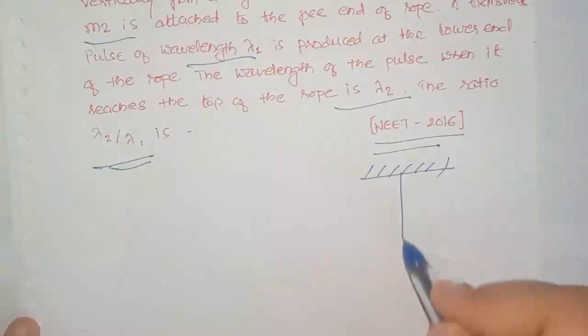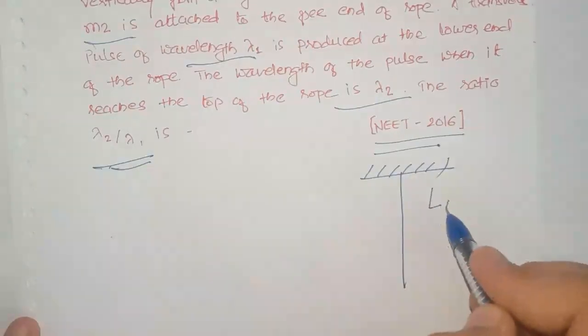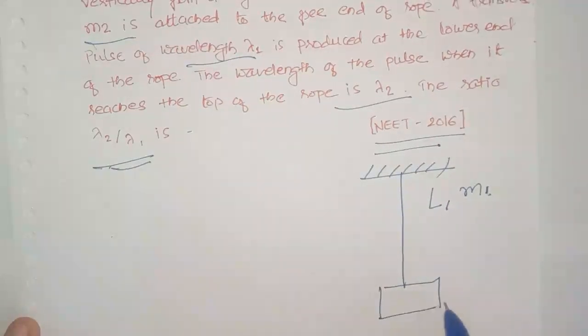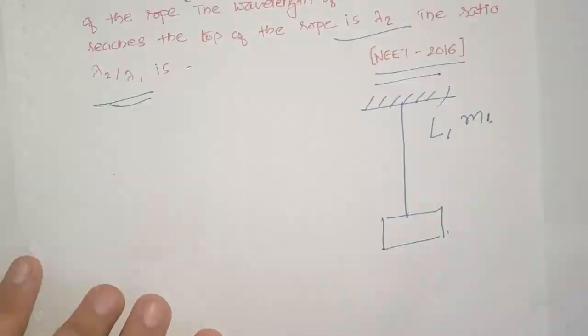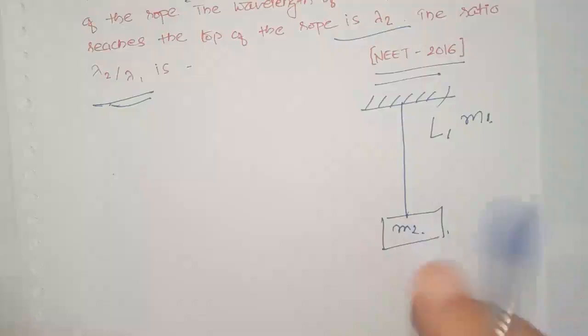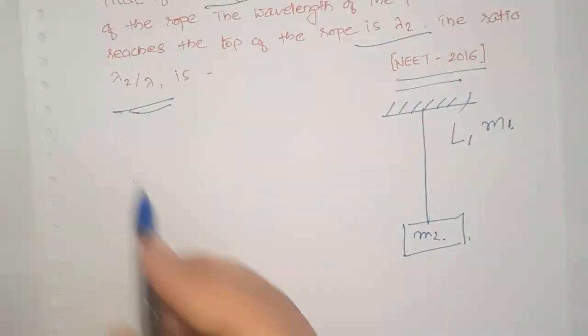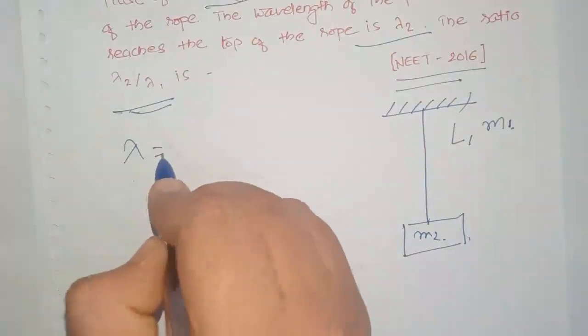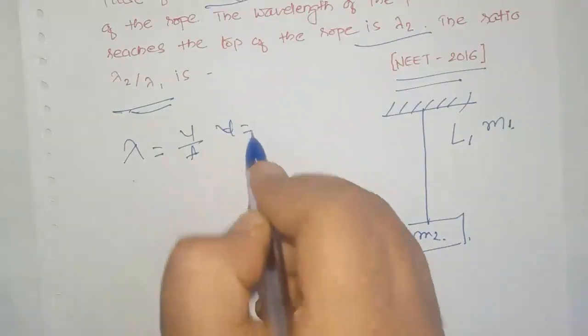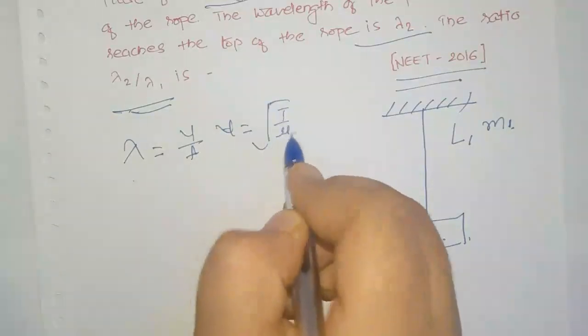A rope has length L and mass M1. A block of mass M2 is hanged. The wavelength lambda is V by F and V is equal to under root T by mu.